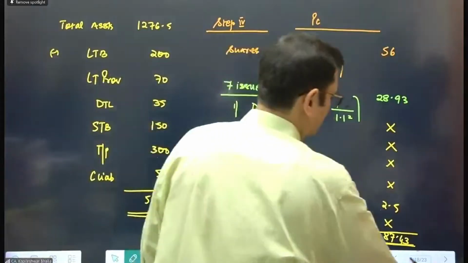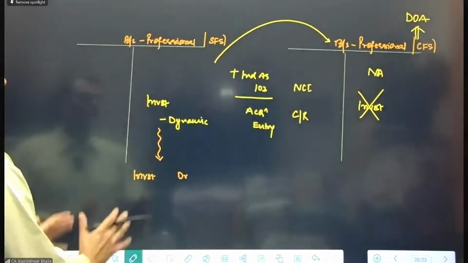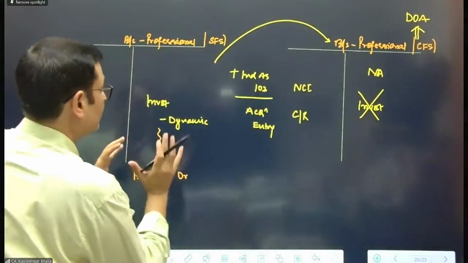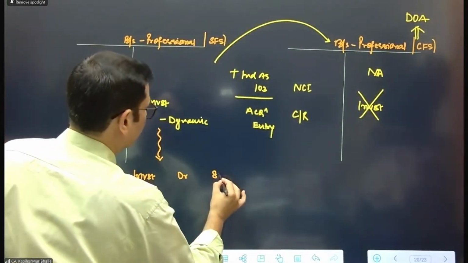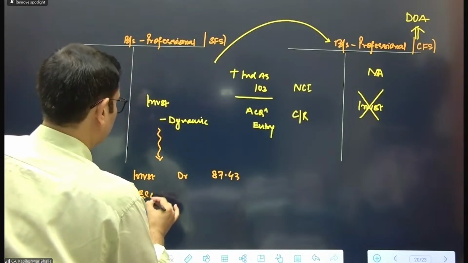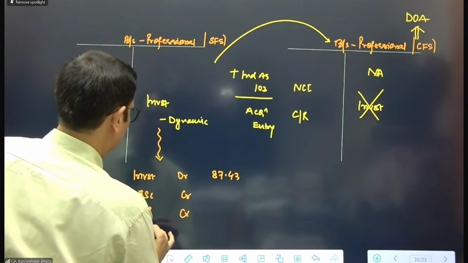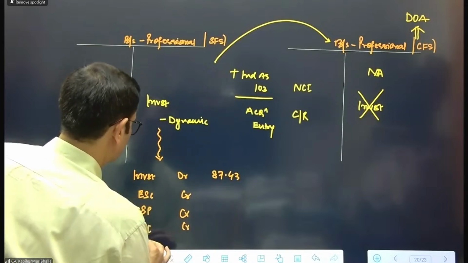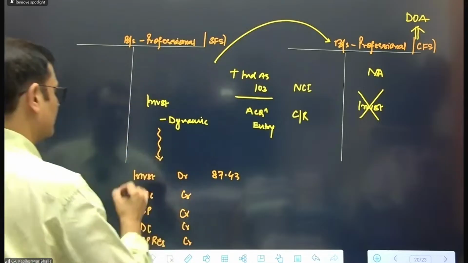Absolutely. So let's put this entry so that we can easily take this balance sheet with this entry. Investment was how much? 87.43, I think. Equity share capital, share premium gets a credit. Deferred consideration gets a credit. And you can take SBP reserve gets a credit.